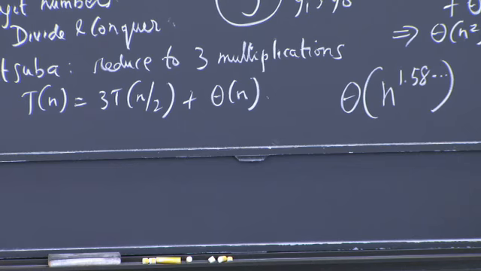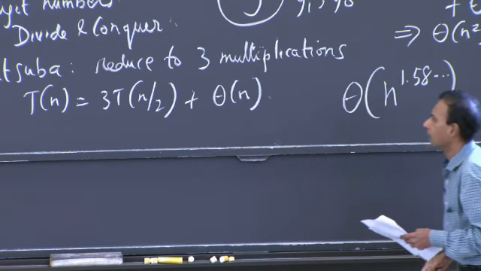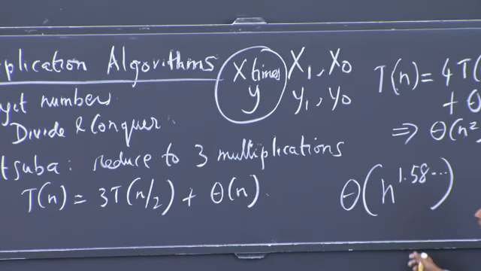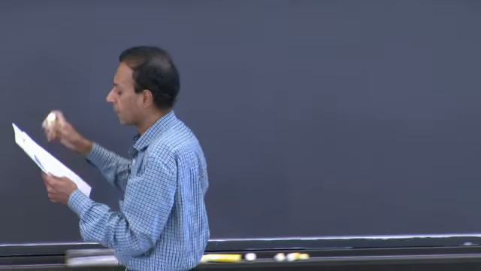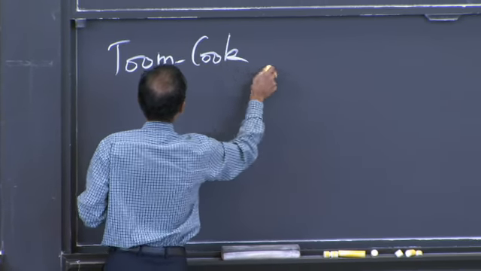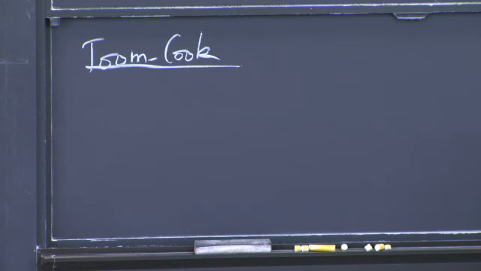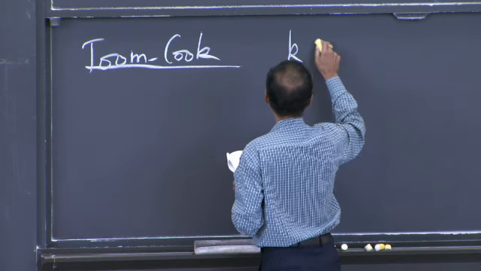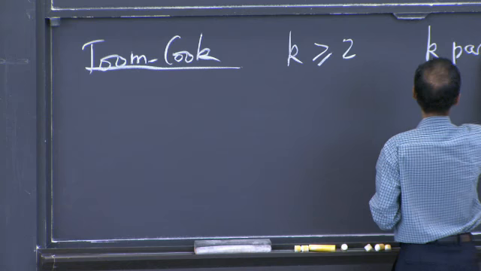Okay? No reason to stop with breaking things up into 2 parts. You could imagine generalizing Karatsuba, and people have done this. 2 different researchers, Toom and Cook, generalized Karatsuba for the case where k is greater than or equal to 2, where you're breaking it into k parts.